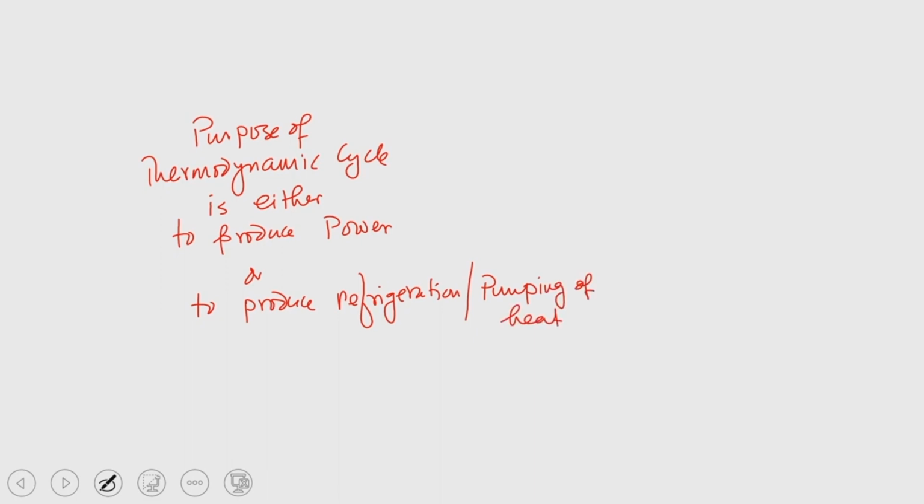Right. If the objective is to produce power, then the cycles are known as power cycles. If the objective is to produce refrigeration or pumping of heat, then it is known as refrigeration cycle or the heat pump cycle. So, basically from there we can understand.